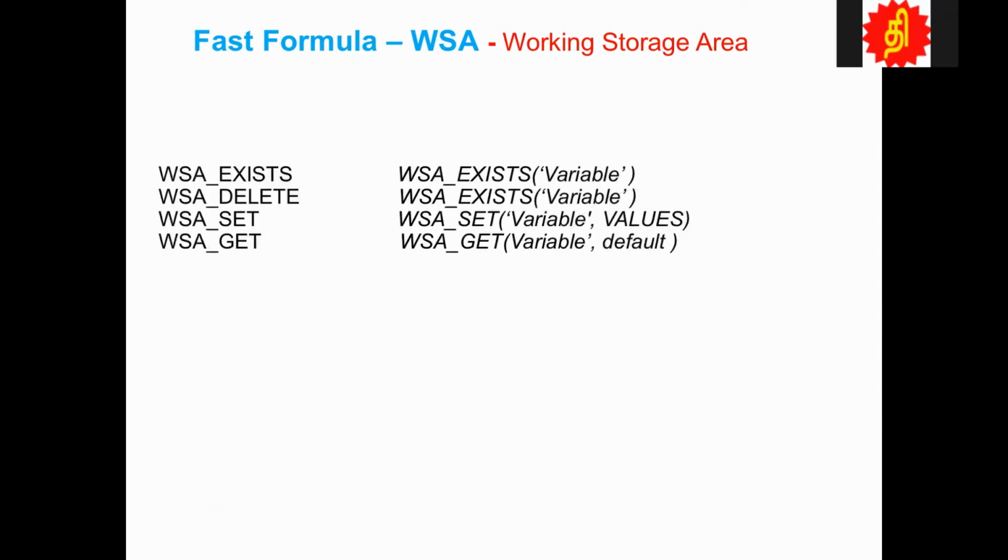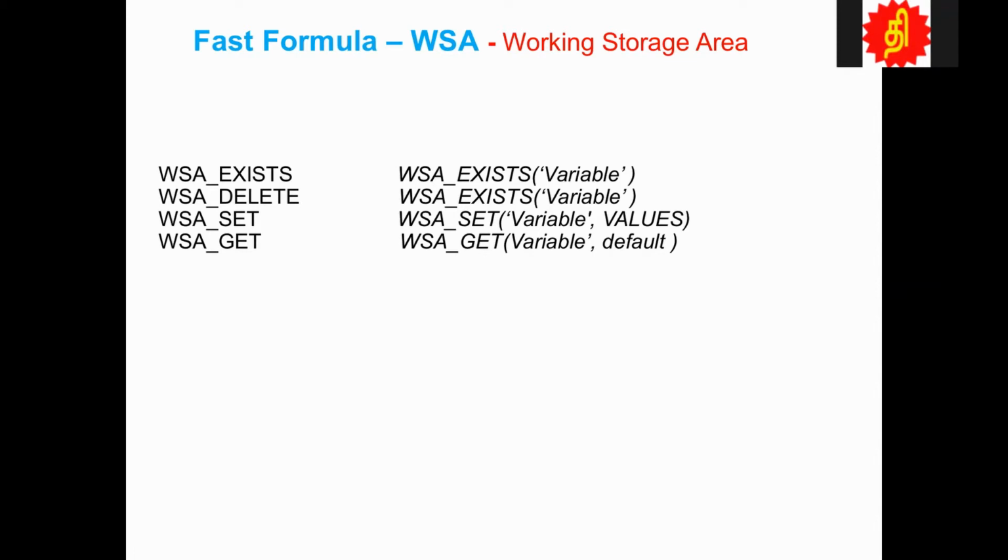Now, how does it work? You can't set the variable directly. So there are functional variables. I'll take the set first. You can set the variable with a variable name and the values.